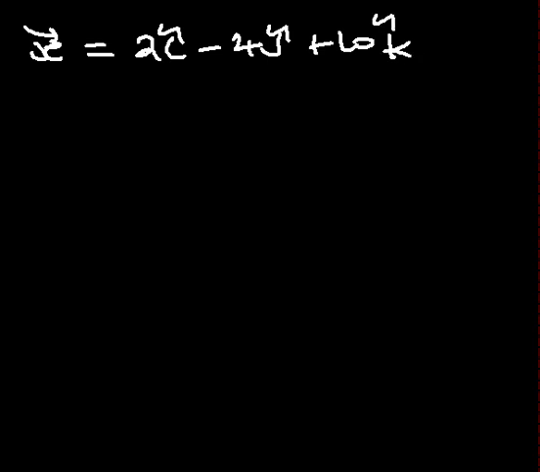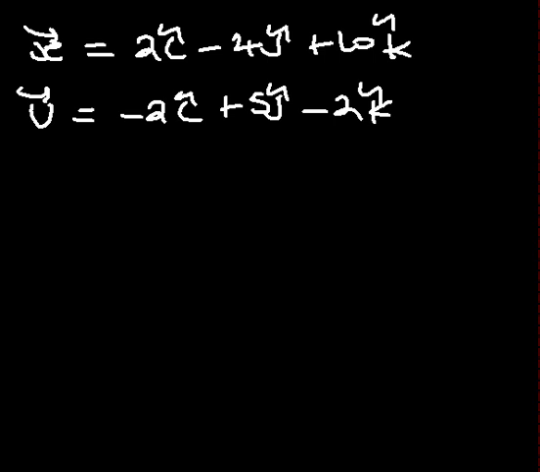Let's say that's the case. And we have the vector v given as, let's say -2i plus 5j minus 2k. So now, what is the magnitude of the cross product of the two vectors?